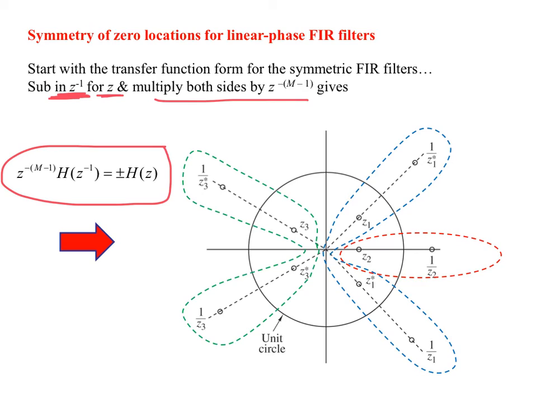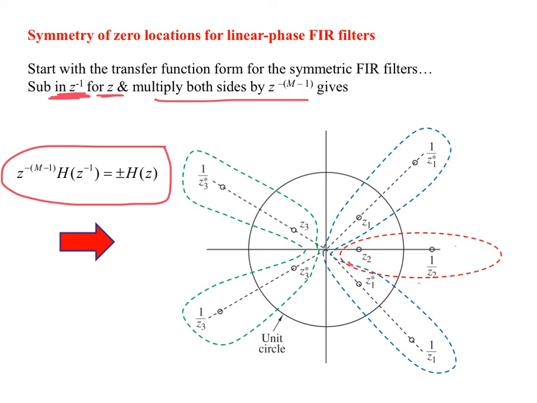So if I have a 0 here on the real axis, I will have one also on the real axis at its reciprocal. So if we call that z2, we'll have one at 1 over z2. And so that's the kind of nature of the zeros.